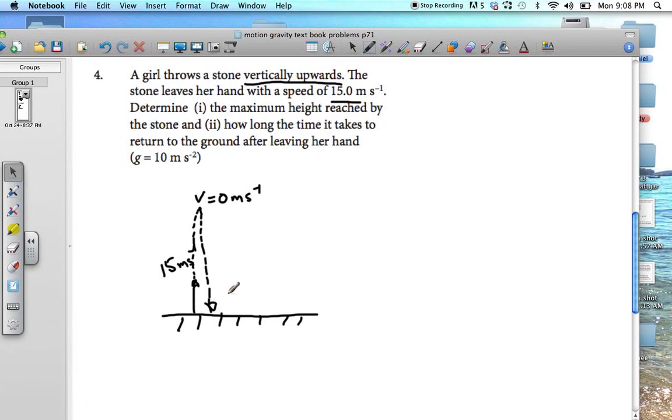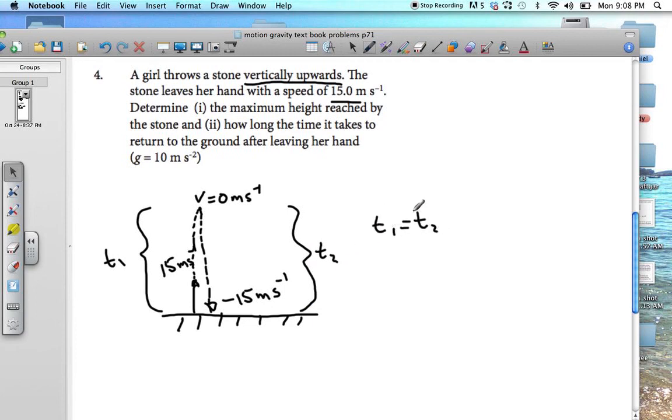So if this is positive, the final velocity coming down will be minus 15 meters per second. And the time taken to go up, time 1, will equal the time taken to come down. So time 1 equals time 2. The time taken to go up will equal the time going down.